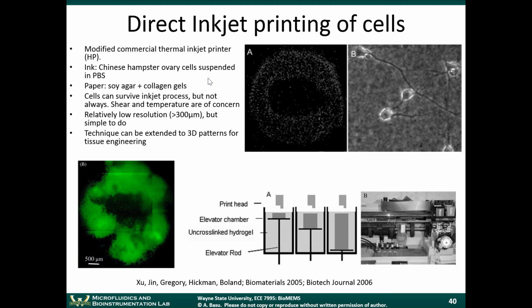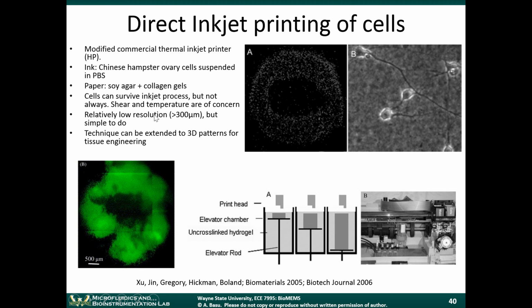They're also more robust than, say, neurons, which are more flaky cells. The cells sometimes can survive the inkjet process, but not always. So the high shear stress and the high temperature are sometimes a concern there. A few hundred microns is the resolution that you can get with direct inkjet patterning.